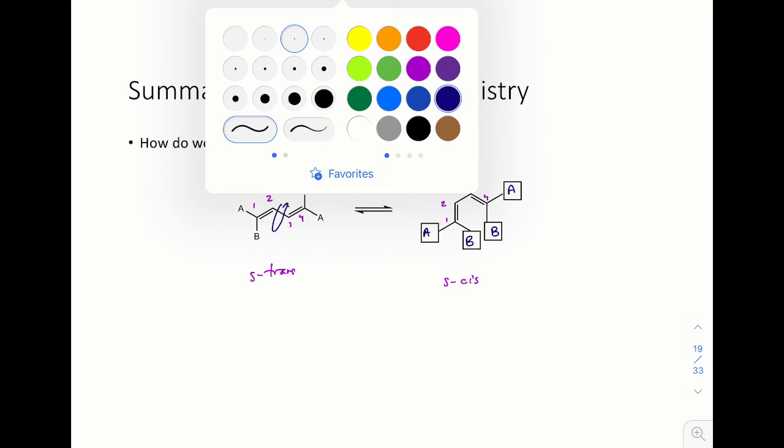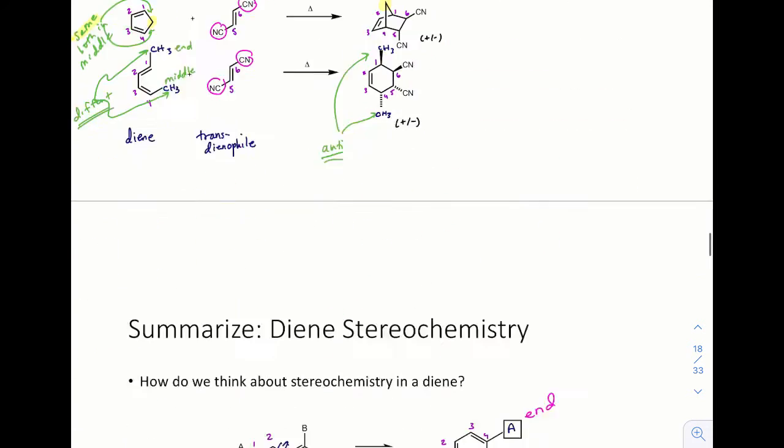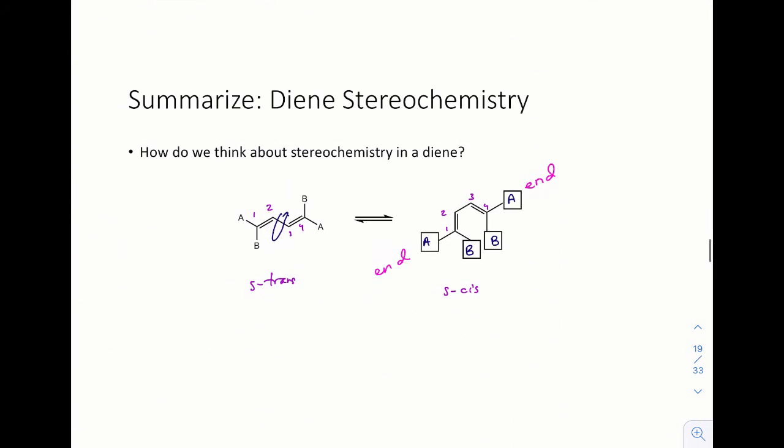So A and B represent the two different positions that a substituent can have on a diene. A represents the end. So the end position is pointed out of the transition state of the reaction, basically. I think about the reaction. Here's the transition state.